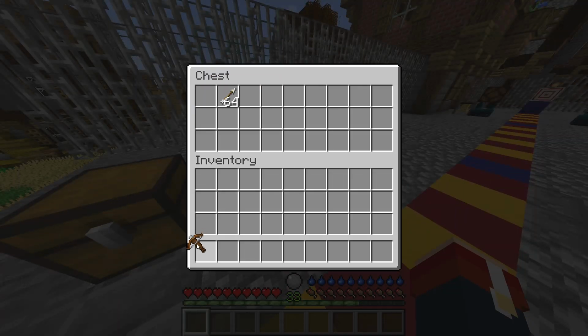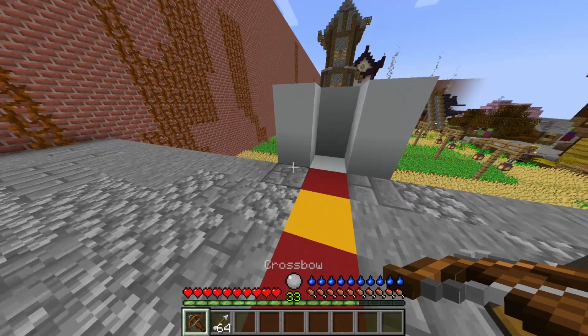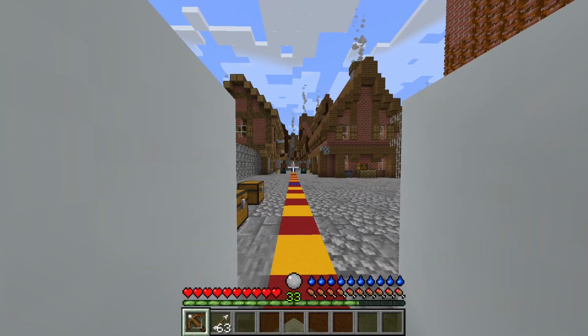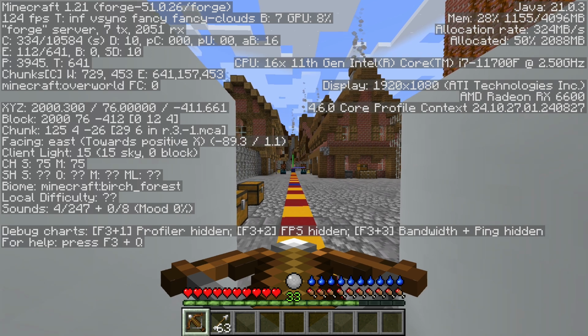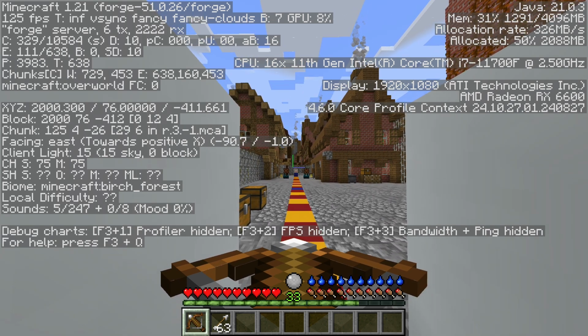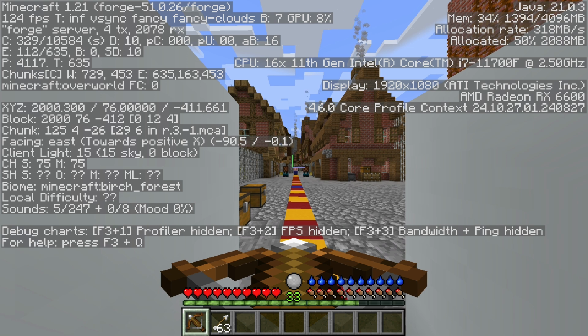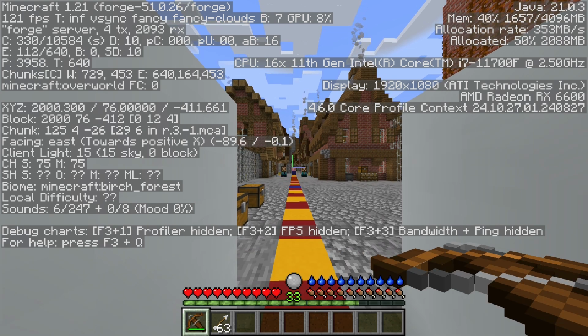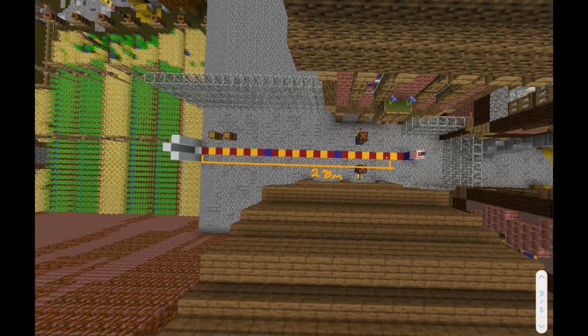I will be now switching my weapon for a crossbow. On my first attempt with a crossbow, it took the arrow 0.78 seconds to travel 28 meters.